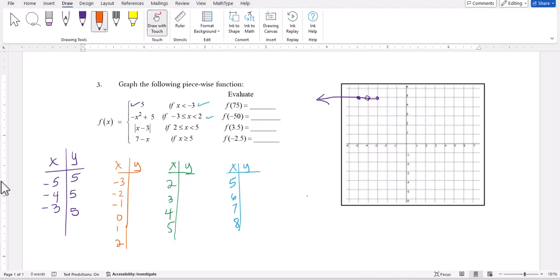For the next function, it says everything from -3 to 2, and we're going to do -x squared plus 5. So for example, if I had -3, then that means -3 squared plus 5. So I've got -9 plus 5, which is equal to -4.